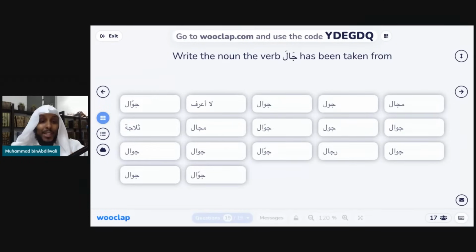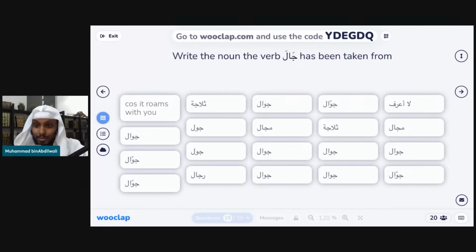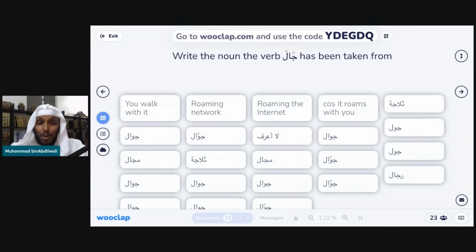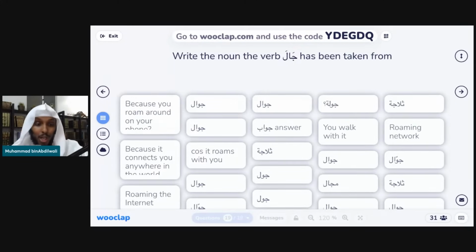So how did the word جوال, mobile phone, take on that meaning? ما رأيكم؟ Roaming network. Yeah, because before, when you wanted to speak to someone, you were stuck at home, right? You had to go home for your hatif to call someone. Now, جوال, it roams around with you, it goes with you wherever you go. It's mobile. صح? That's why they called it جوال.